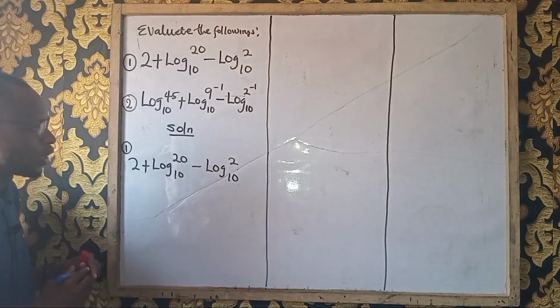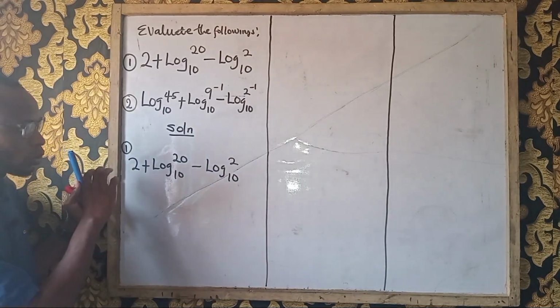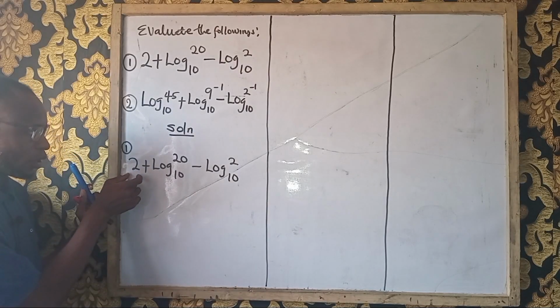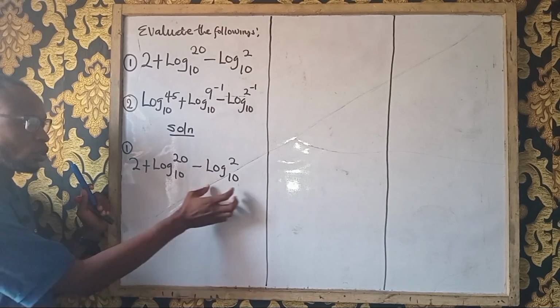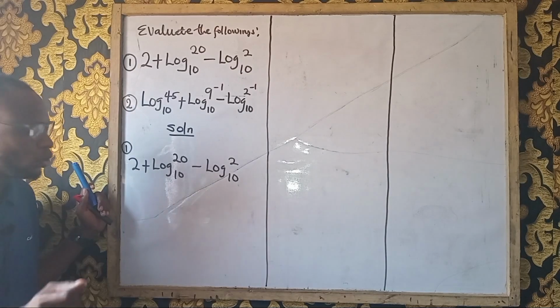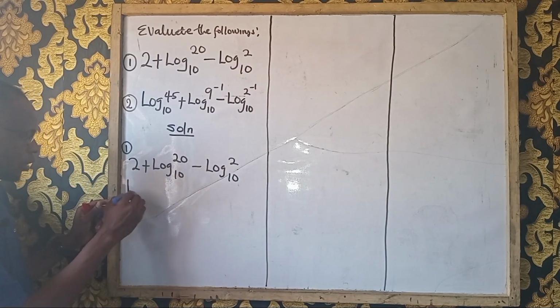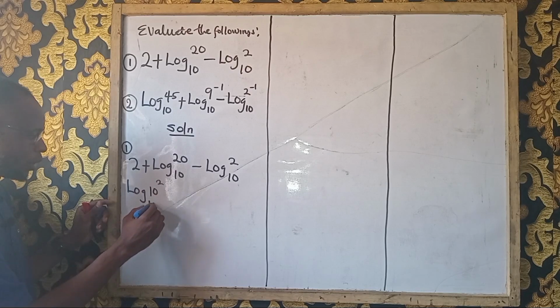Now, when you see problems like this, if you look at this question carefully, you will discover that this 2 does not have any log attached to it. This also has. So it is expected that you improvise for this 2. And this 2 will look like this: log 10 raised to power 2 in base 10.